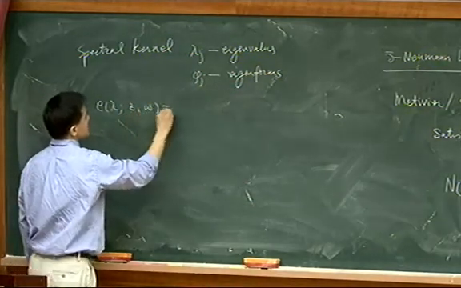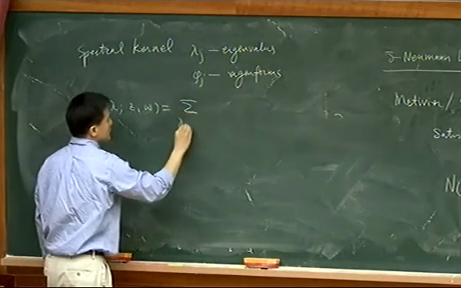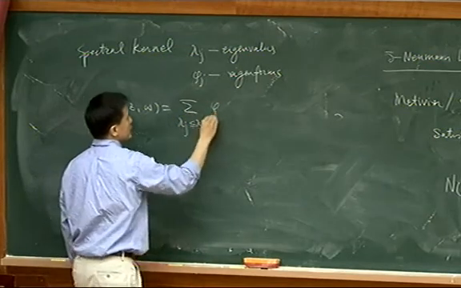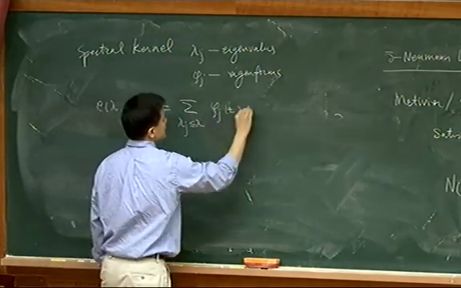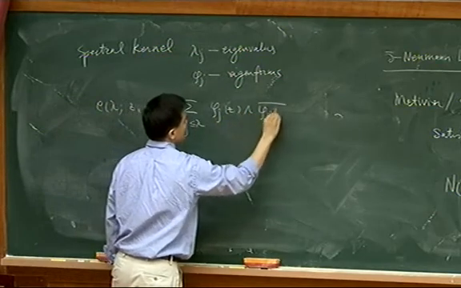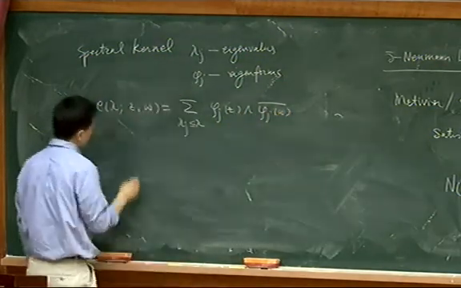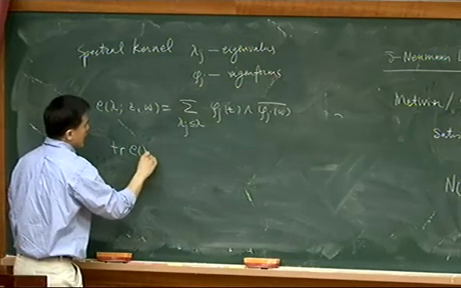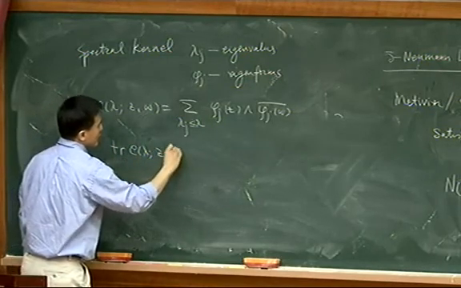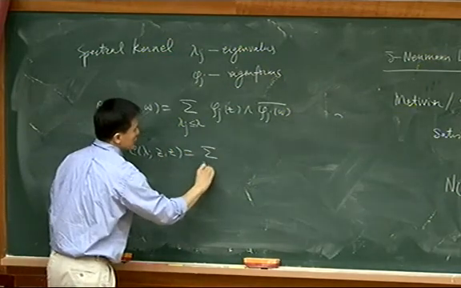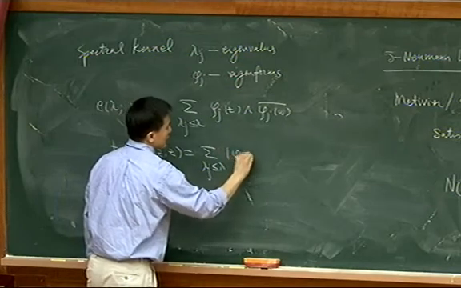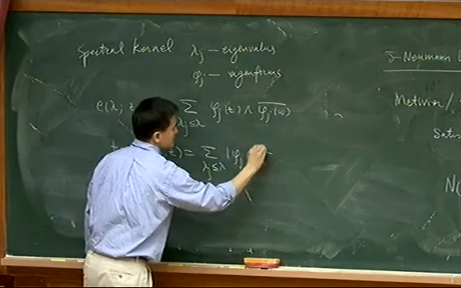Then the spectral kernel E lambda of Z, W is just the sum over all those j such that lambda j is less or equal to lambda, of phi j Z wedge phi j W. In particular, the trace of this on the diagonal is the sum of phi j Z squared.